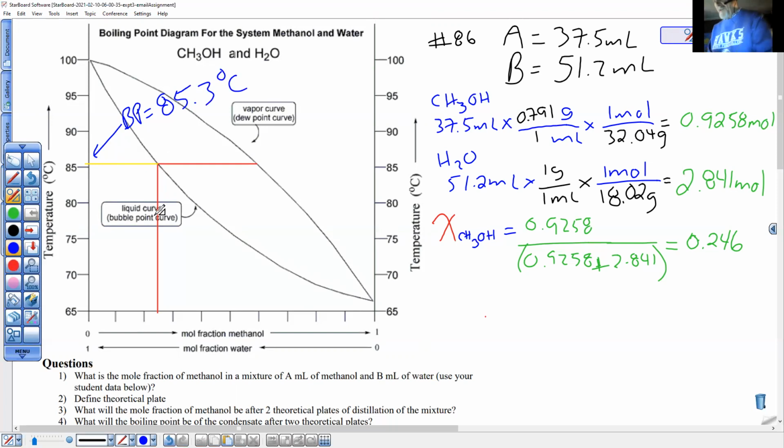What happens to a liquid after you boil it? It undergoes evaporation. And this is the first time we're doing an evaporation, so I'll call it evaporation number 1. And when this vapor that you created hits a cool surface, it's going to condense. And it'll condense with the same mole fraction.